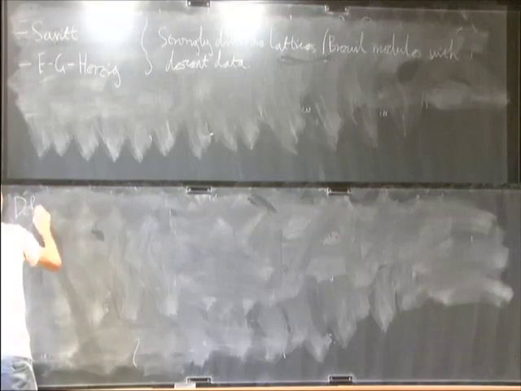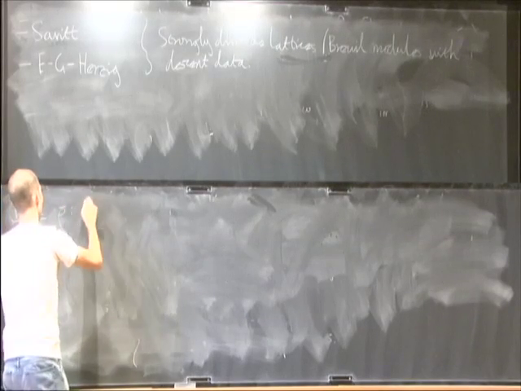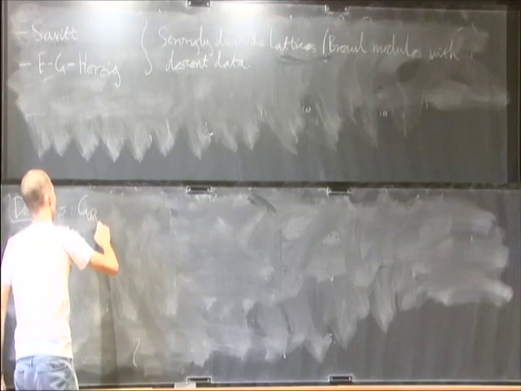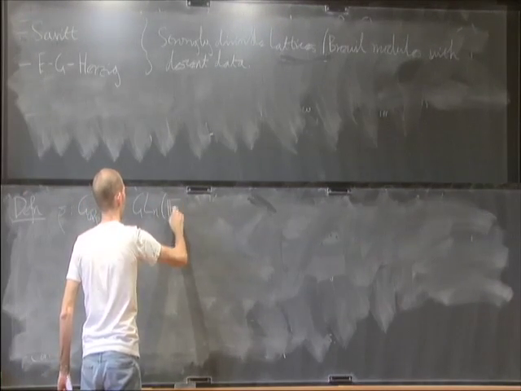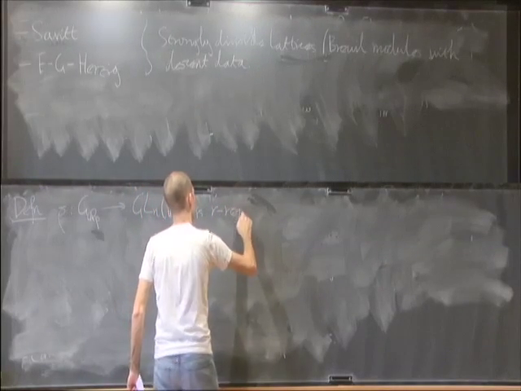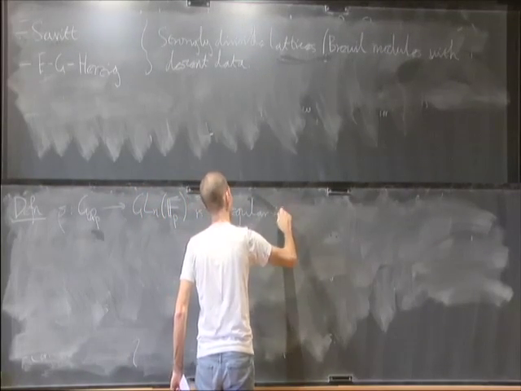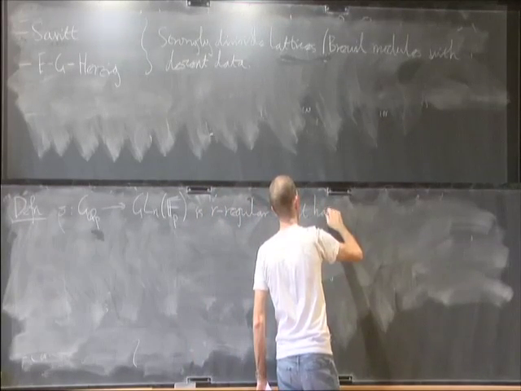I'll define what it means to be R regular. So I'll say that rho bar from G_Qp to GL_n(Fp bar) is R regular if, well, it will have n inertial weights.